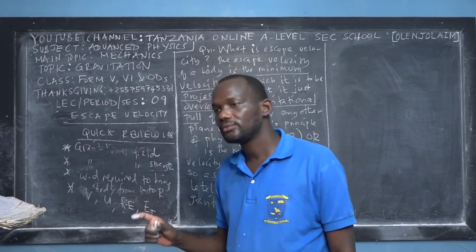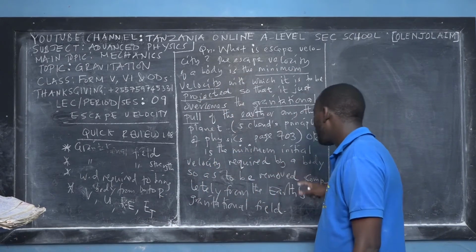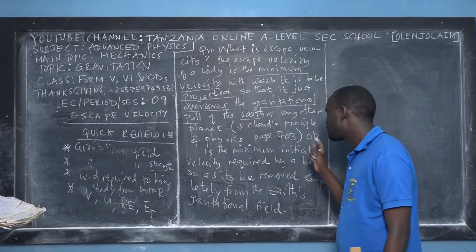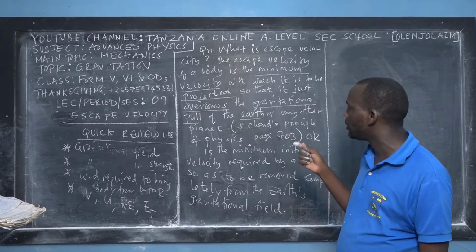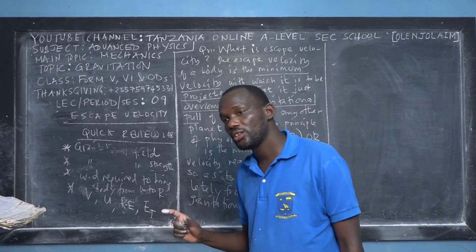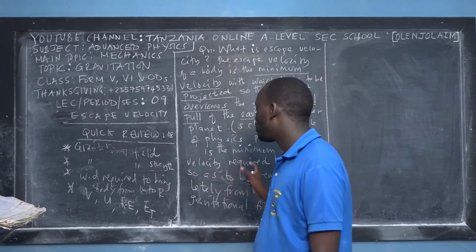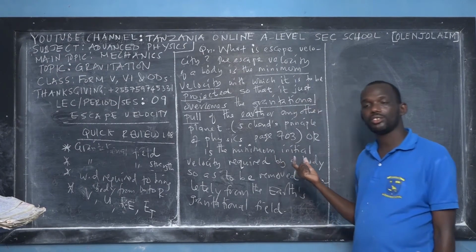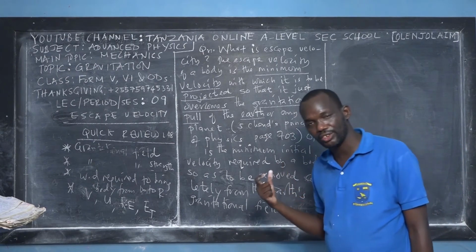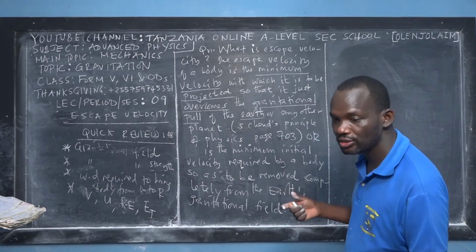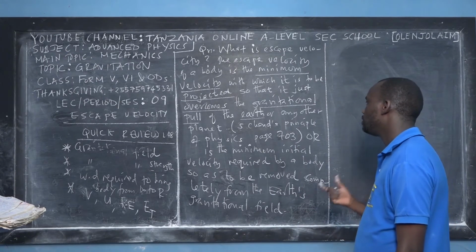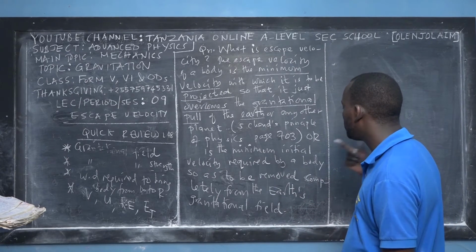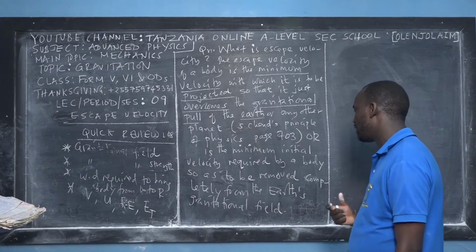Not only the Earth provides gravitational pull, but some other planets also do. For example, Jupiter also provides gravitational pull to any body, and we computed its gravitational acceleration, and we found that it's a little bit different from the gravitational pull of the Earth.